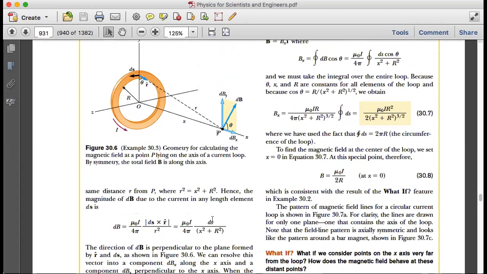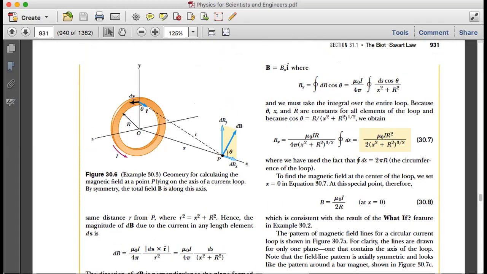You see that, for example, if we have this element, this is dB. If we take the element exactly below, the y component of this magnetic field points down, so they cancel each other.